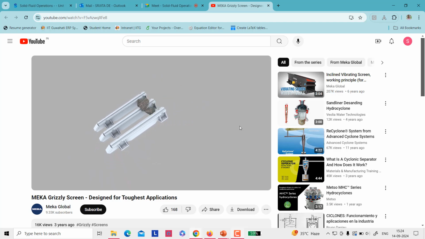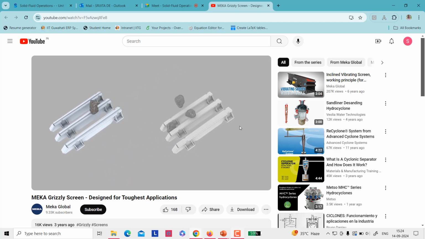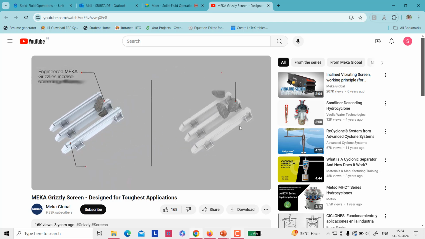It is a different type of mesh from what we see in our lab scale.